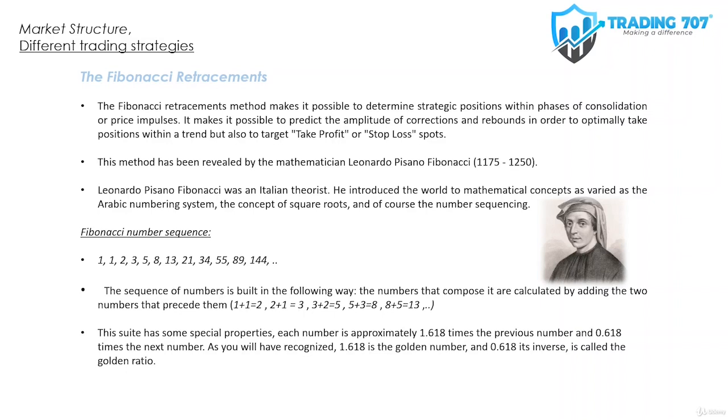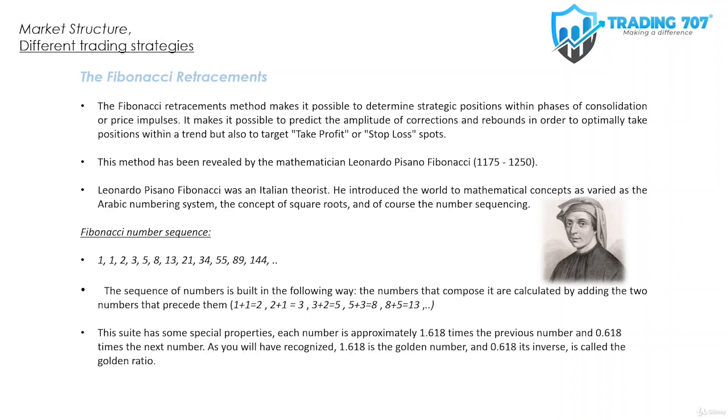In order to understand how retracements are created and how they work, let's first look at Fibonacci numbers. The sequence of numbers is very simple. It is calculated by adding the two numbers that precede it. For example, we begin with 1.